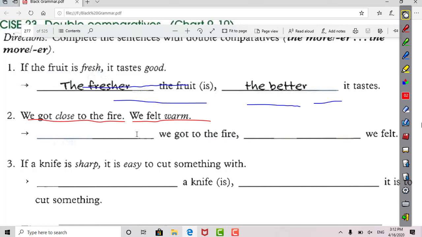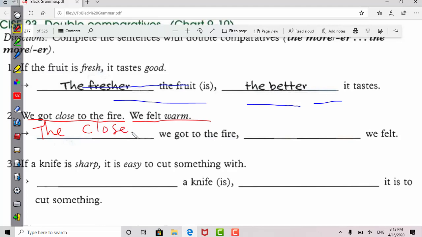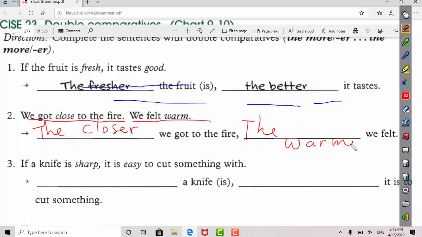Okay, this one, you have to remember when you talk about double comparatives, you have to use "the" and "the." So we write down here with the first. So, closer. The closer we got to the fire, the warmer we felt. Yes, the warmer we felt.